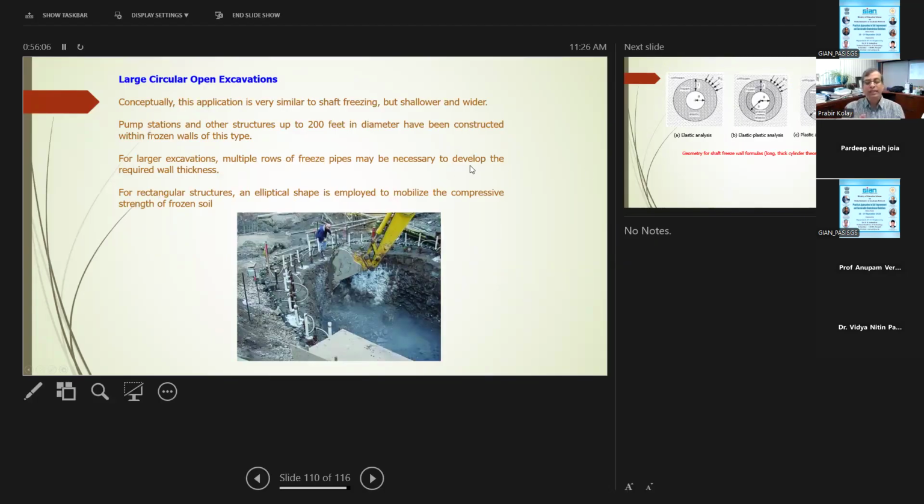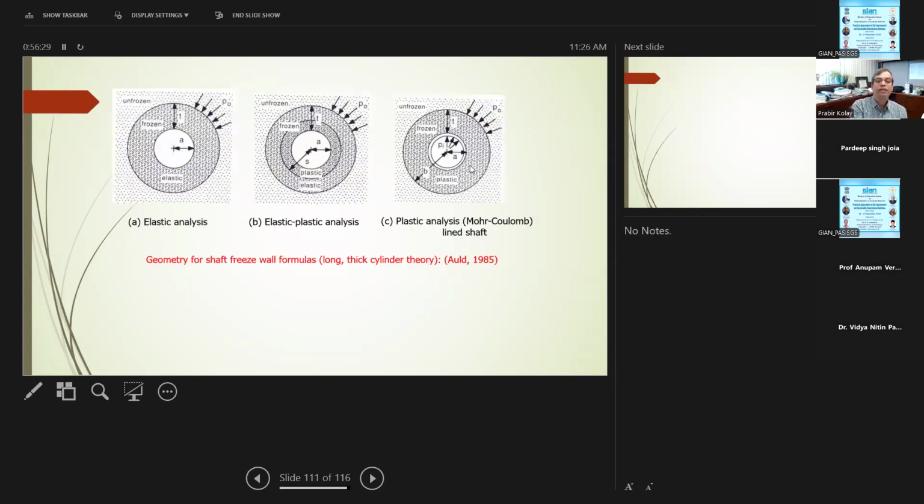For designing this and for quality control, you can again use the Geotech Tools. We did that and uploaded it last year, so you can find all the materials, quality control, how to design, and what different software you can use. Mostly people use Plaxis and other software. Also this is what is happening: the shaft freeze wall formation.